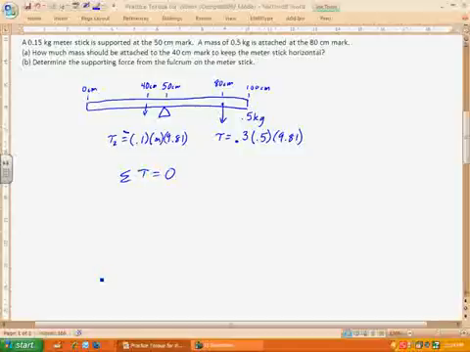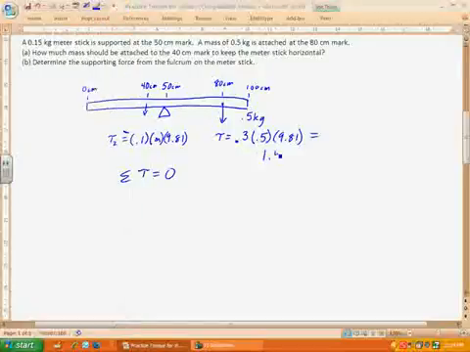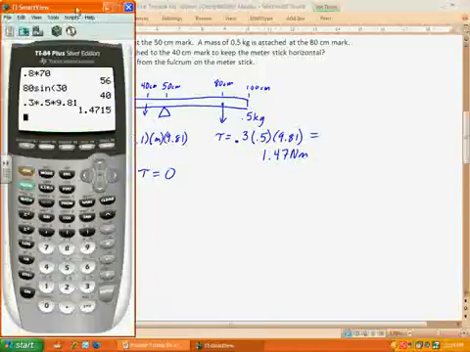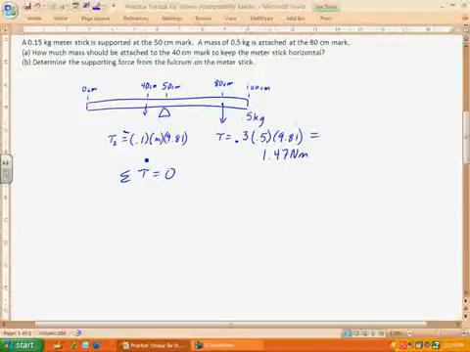All right? Which means that when I take these and I multiply those together, so 0.3 times 0.5 times 9.81, which is 1.47 Newton meters. And then if I do the other one, so 0.1 times 9.81, so 0.981 m, so negative 0.981 m.